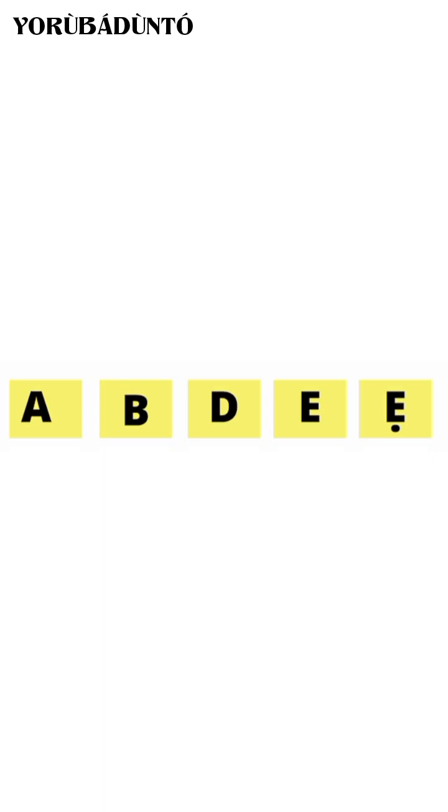A, B, D, A, E. The first 5 letters in the Yoruba alphabet.